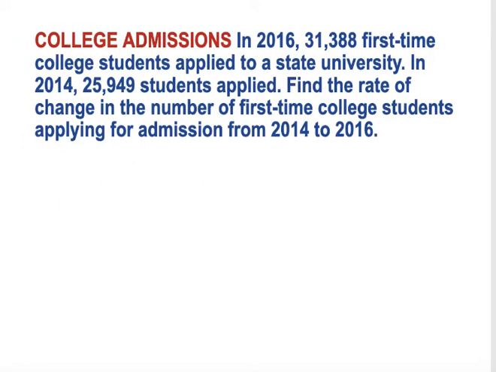All right, so now let's apply this to a real life problem. In college admissions, it says, in 2016, 31,388 first-time college students applied to a state university. So I'm going to turn that into an ordered pair. So I have in 2016, there were 31,388 applications.